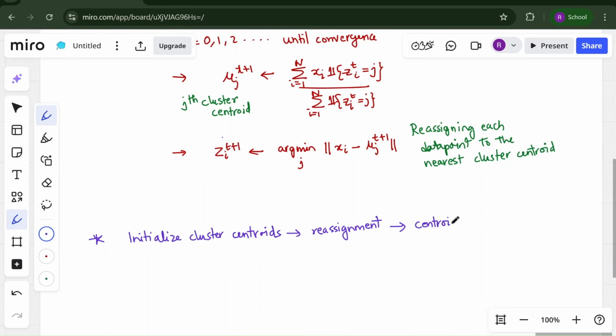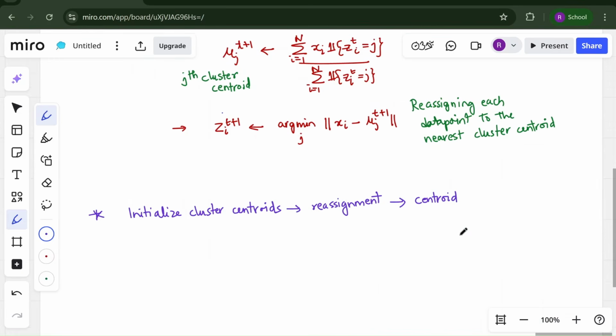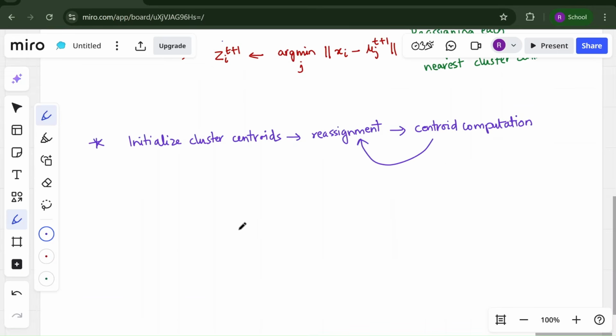The centroid computation is this guy. And after the centroid computation, again you do reassignment. This is also a possibility. When you do it a lot of times, it doesn't make a difference. So in the long run, they give the same results.